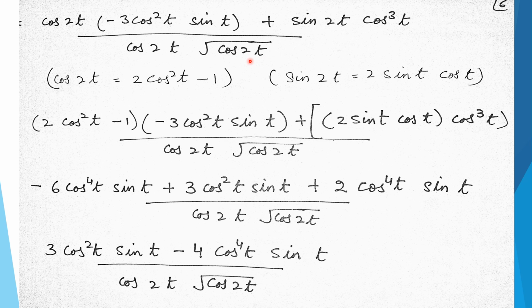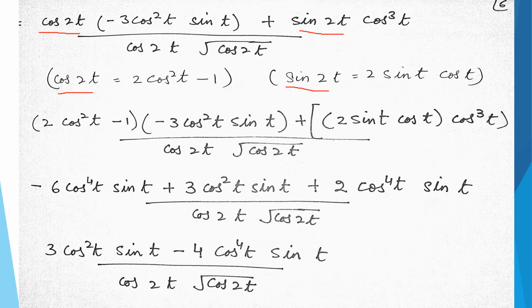Okay. Now again there are two formulas in the list which you have to memorize. First is cos 2t is equal to 2 cos square t minus 1, and the second formula is sin 2t is equal to 2 sin t cos t. In your given equation, I will be substituting this cos 2t by what is written here and sin 2t by what is written here.